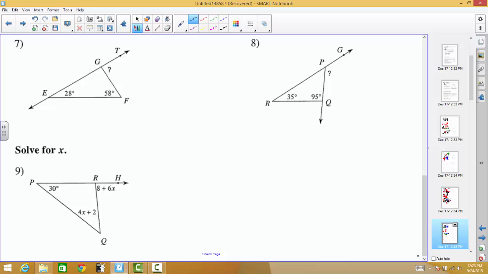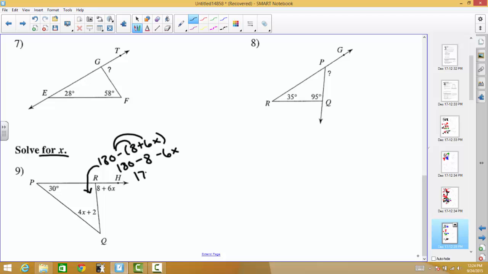So it says solve for x. This angle right here is 180 minus 8 plus 6x. So that is 180 minus 8 minus 6x. You need to subtract both things.